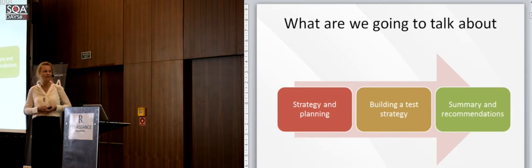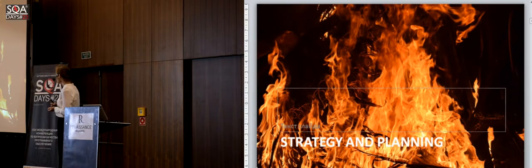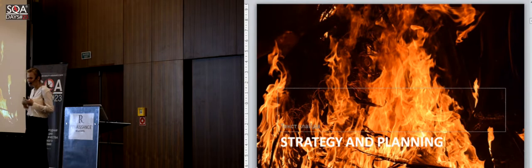Otherwise, we are not able to say if we are going in the right direction. Why do we need this planning? For sure you know this much. If you want to achieve something that will be very valuable, something that makes sense, you need to know where you are going. If you want to know where you are going, you need to have a plan.